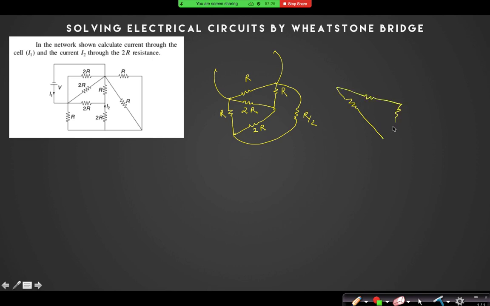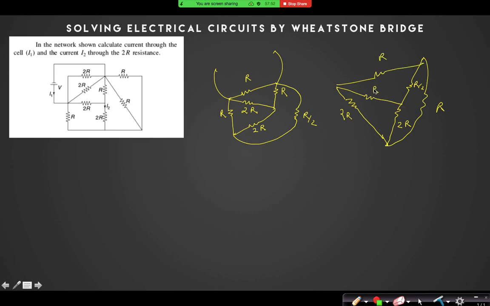This is R. This is 2R. This is 2R. This is R by 2. And this is a R. And this is another R.